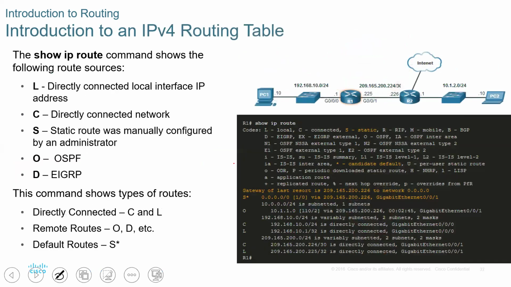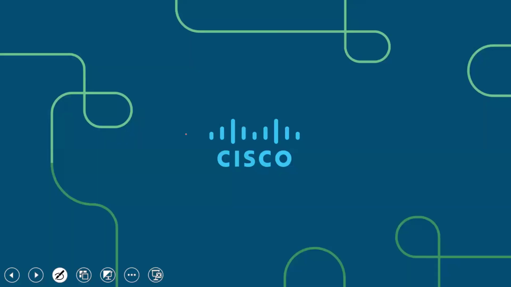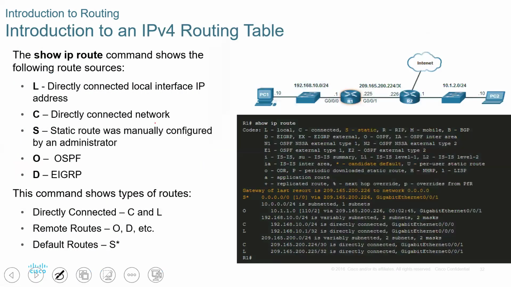Introduction to IPv4 routing. Routing tables have symbols and letters. If an interface is directly connected, you see the letter L, a local interface. So this is a directly connected interface. Then C is for directly connected networks.